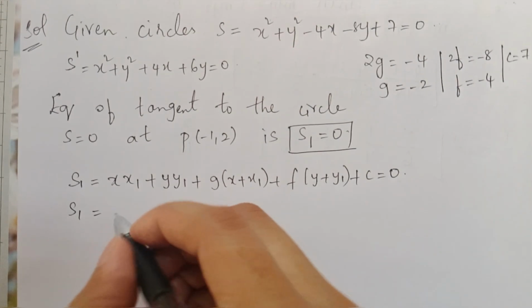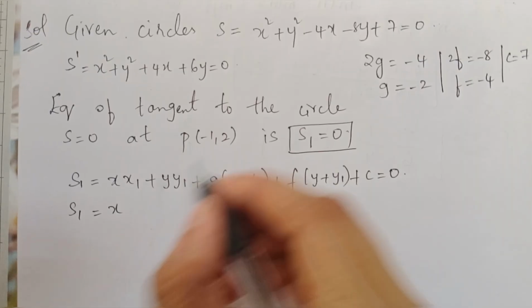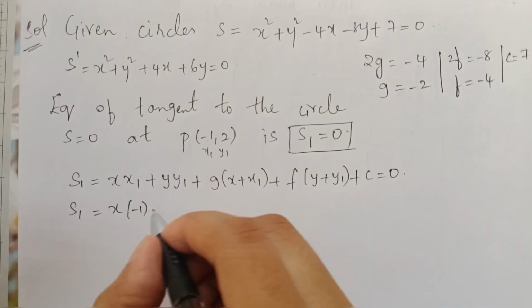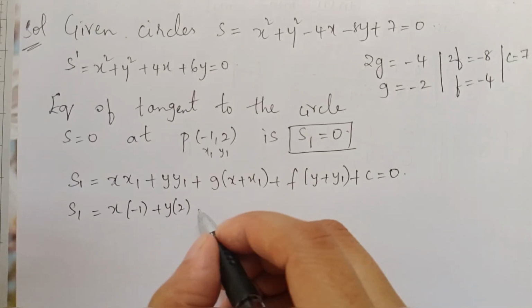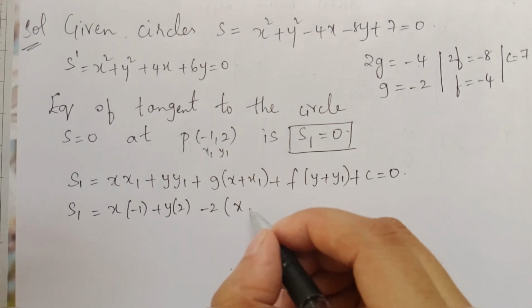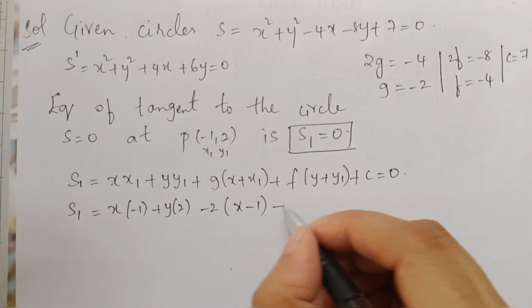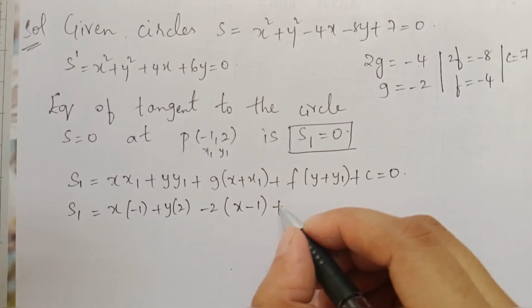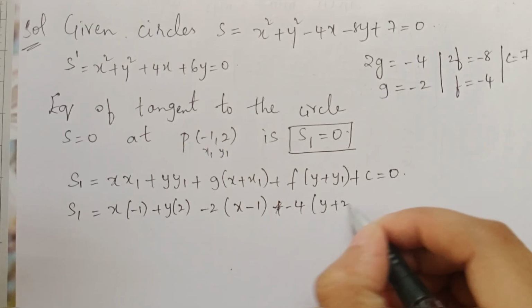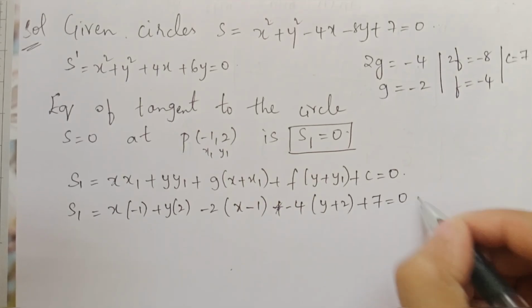Here x will be x only, and x1 is -1, y1 is 2. The value of g is -2, so -2(x - 1), plus f is -4, so -4(y + 2), and the value of c is 7.